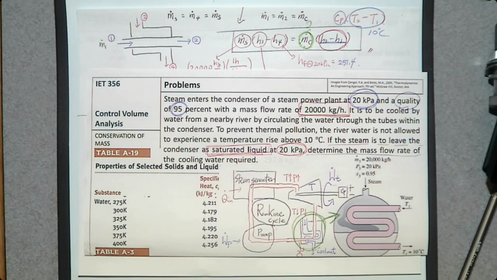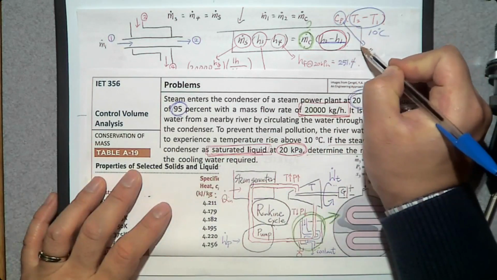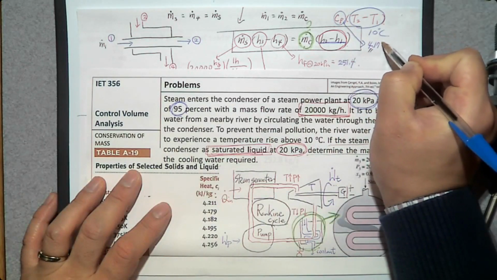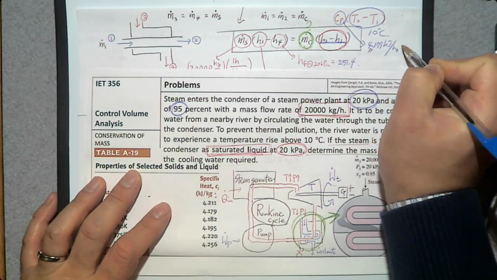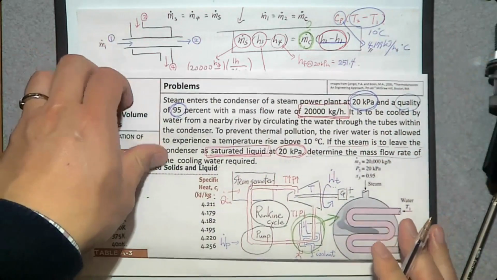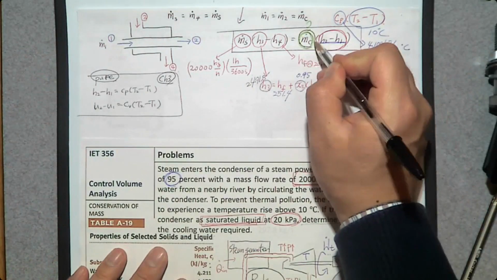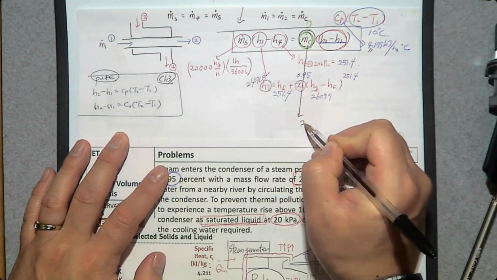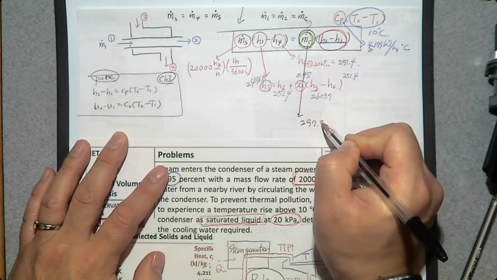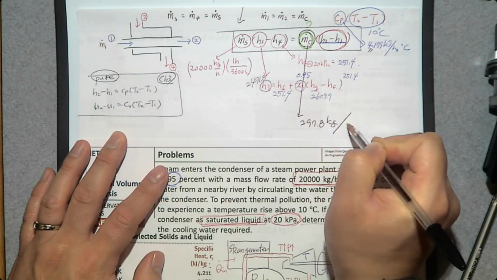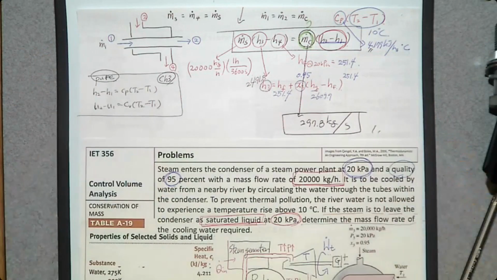Specific heat is going to be 4.179 kilojoule per kilogram degree C. Now we have everything. Can you determine m dot of the cooling water? Yes, 297.8 kilogram per second. That's how you solve this problem.